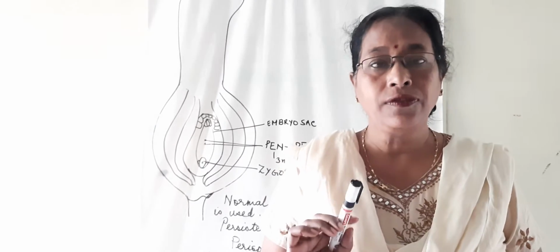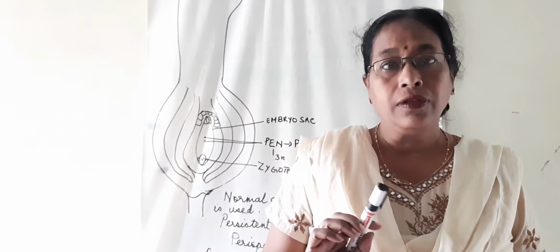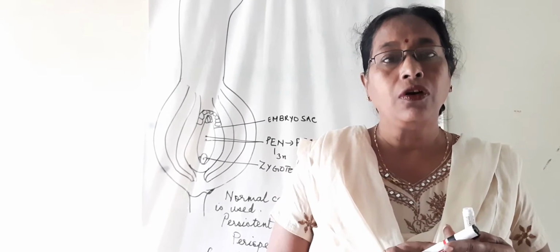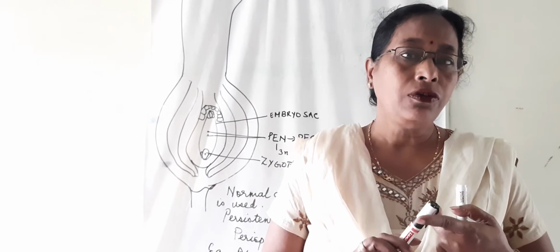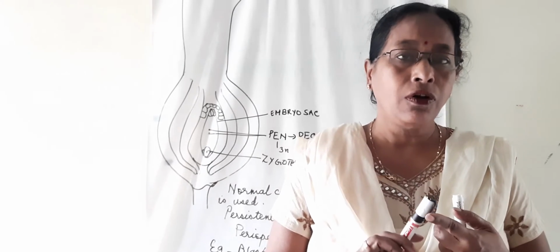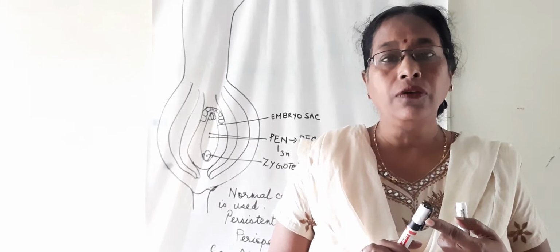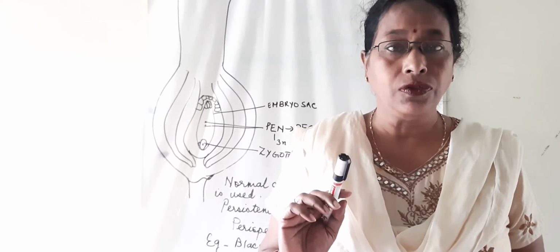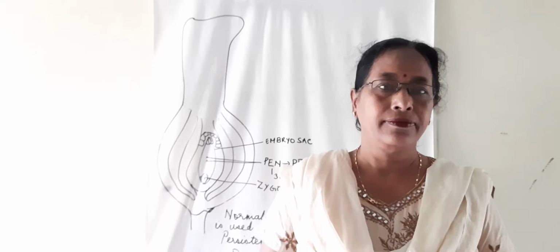After double fertilization has taken place, the major events that take place are formation of endosperm, formation of embryo, formation of fruit and formation of seed. These are the major post-fertilization changes that take place.